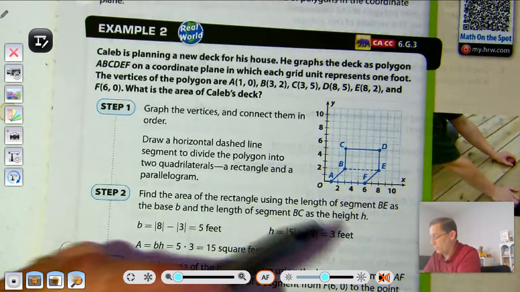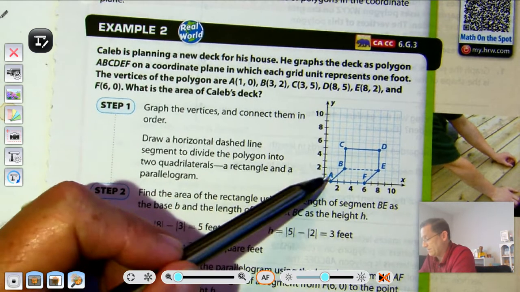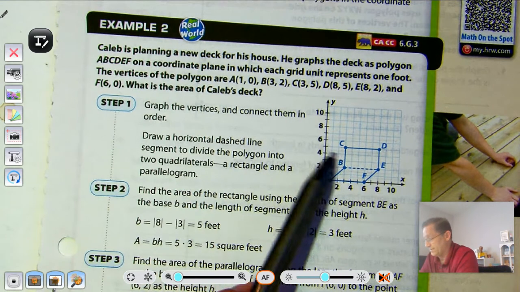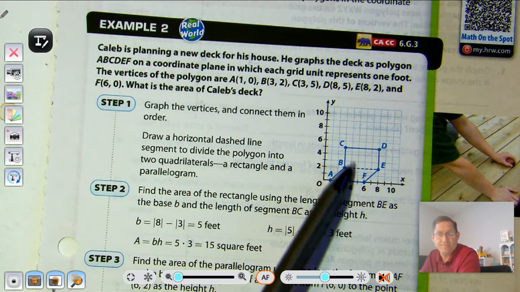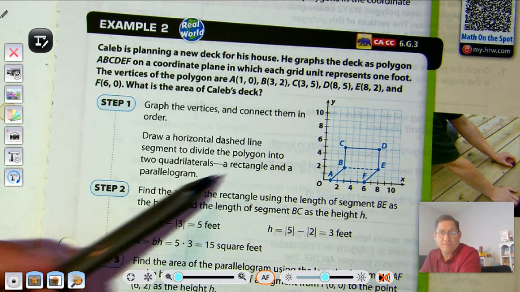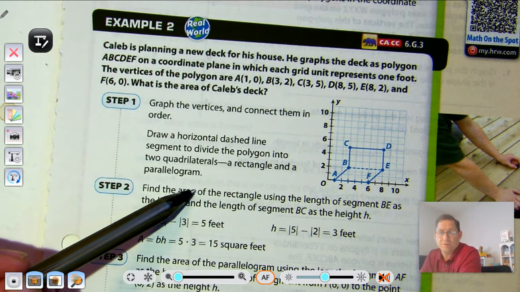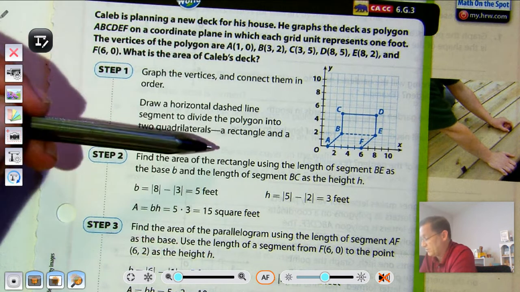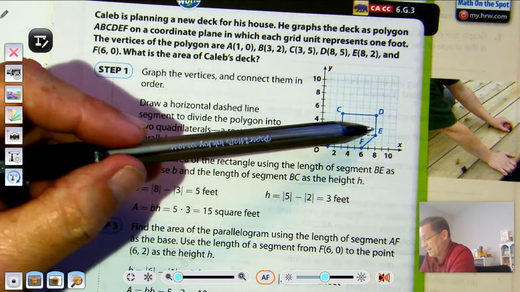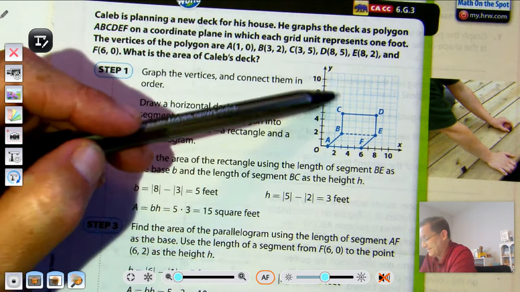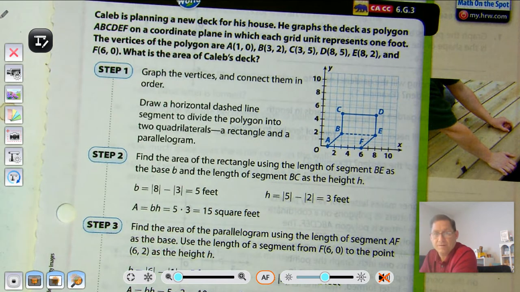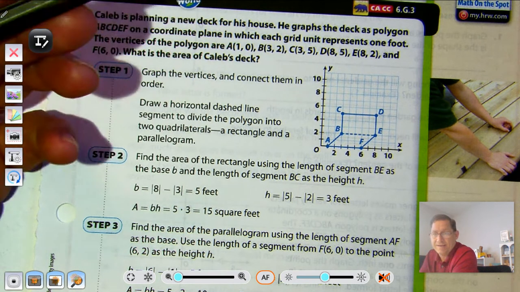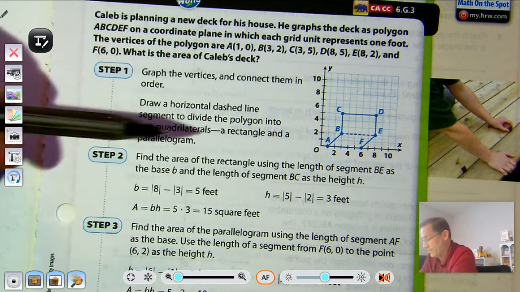So once you graph the points, connect them in order, you get this shape that shows up on the grid. So we have a rectangle and a parallelogram. Well, let's find the area of the rectangle by using the length of segment BE as the base and the length of BC as the height. For a rectangle, we can find base times height or length times width.